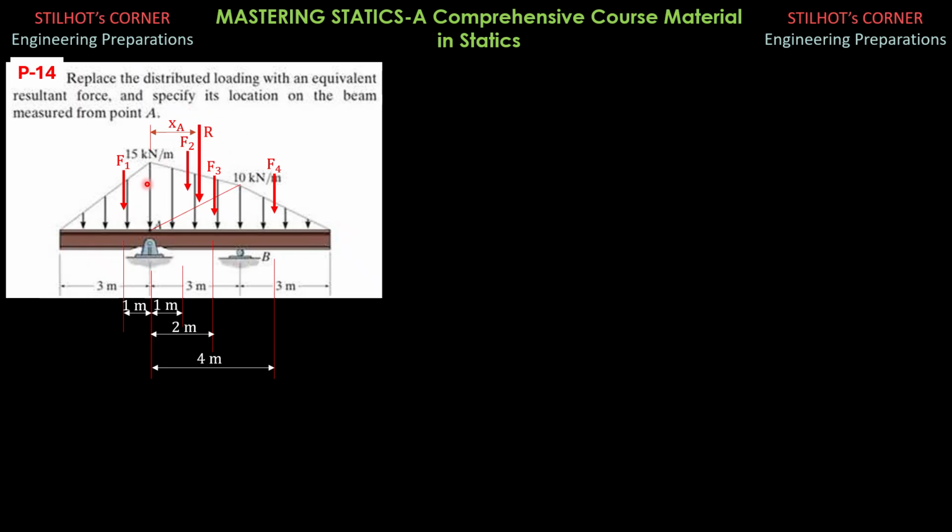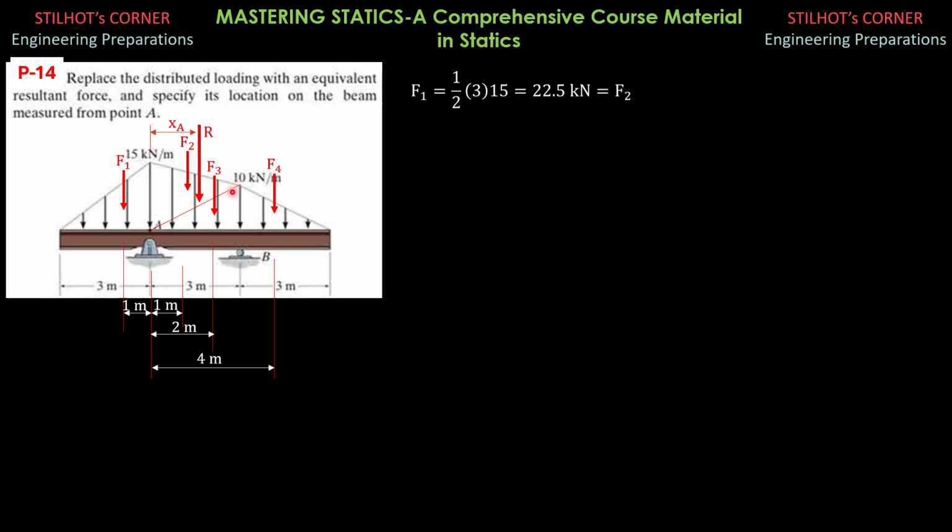Now, F1 is the area of the triangle. It is 1/2 of 3 times 15. F2 also is 1/2 of 3 meters times 15. So F1 equals F2, 1/2 of 3 meters horizontal, 15 kilonewtons per meter, so 22.5 kilonewtons. Remember, the area of a triangle is 1/2 the product of its perpendicular dimensions.